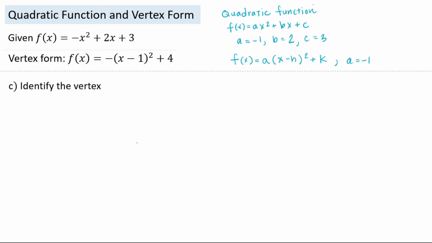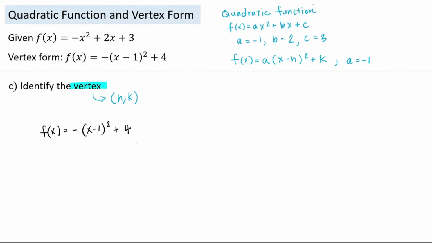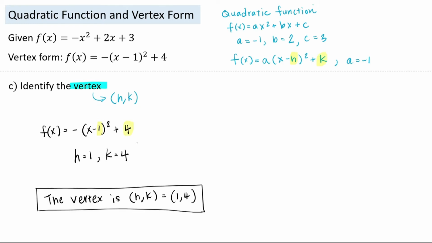Let's identify the vertex. The vertex is the point h, k. From the quadratic function in vertex form, h is equal to 1 and k is equal to 4. So the vertex is 1 and 4.